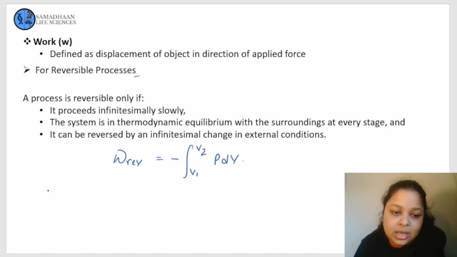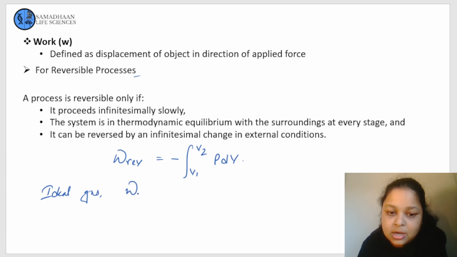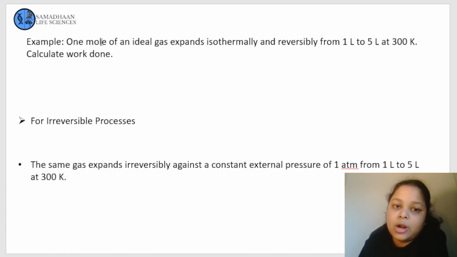For the work happening in a reversible process, we can express it as minus integral from V1 to V2 of P dV. And if this process is for an ideal gas, then we can simplify this equation as W reversible is equal to minus nRT ln V2 by V1. For example, 1 mole of ideal gas expands isothermally and reversibly from 1 liter to 5 liter at this particular temperature.